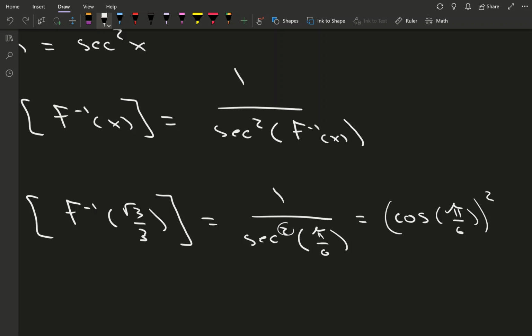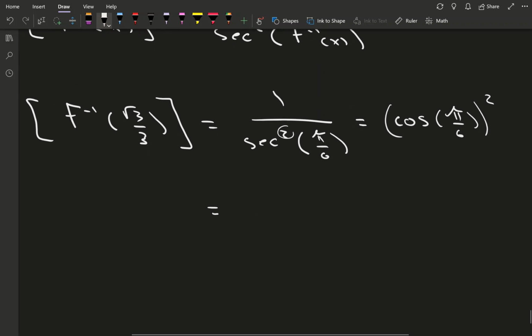I just moved that 2 outside. And what's cosine of pi over 6? Cosine of pi over 6 is root 3 over 2, but I have to square that whole thing, so I get 3 over 4.